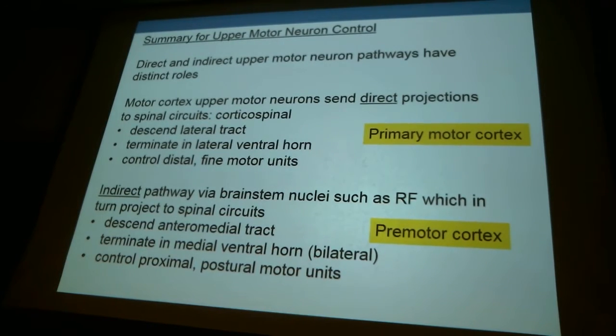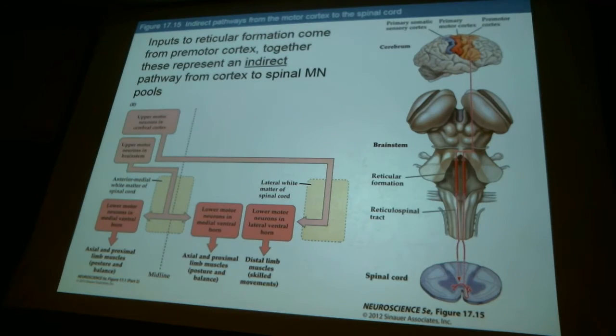And these originate in different parts of the motor cortex. So this is the primary motor cortex system. The cortical inputs to the RF actually come from the premotor cortex. Let's see if I have this. Yes, so here we go. So here's your primary motor cortex.